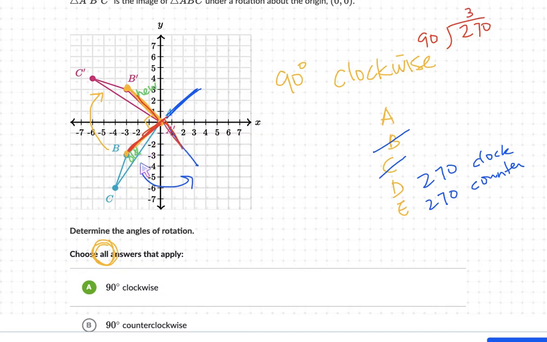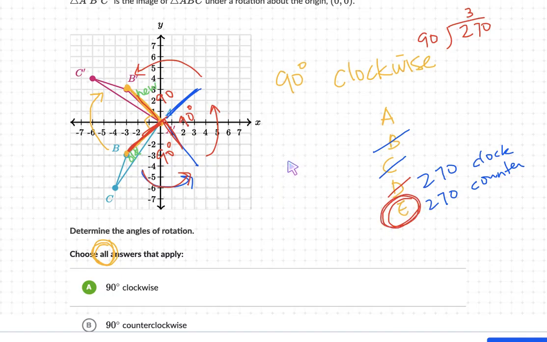Moving this way, it would have been 90 degrees counterclockwise. Another would have been 90 degrees counterclockwise. And another would have been 90 degrees counterclockwise. So that looks like it's 270 degrees counterclockwise. So it looks like E could have also worked.